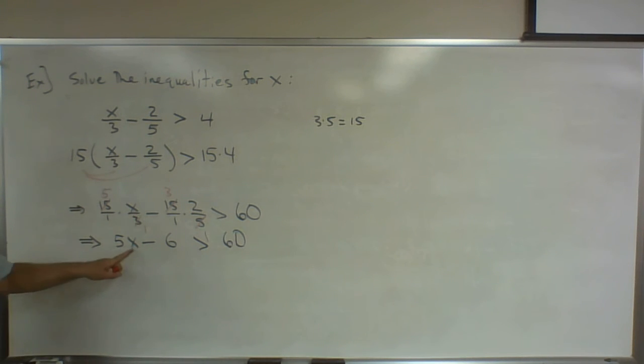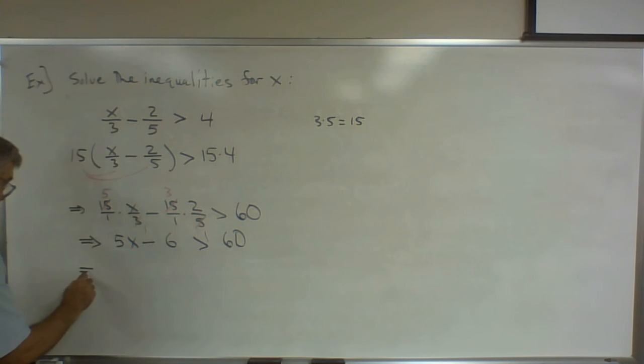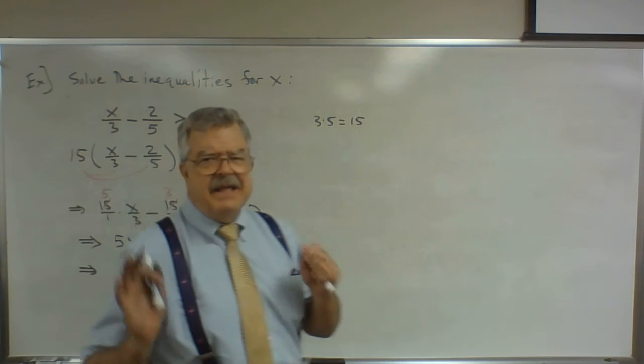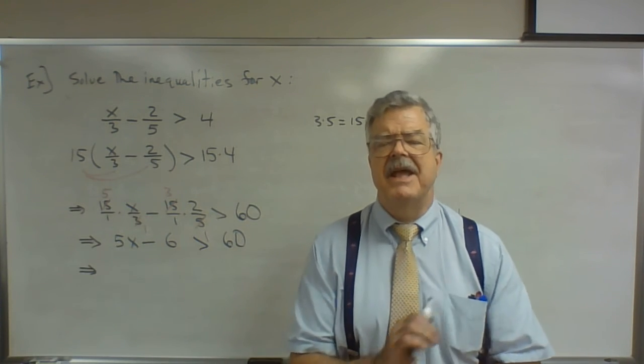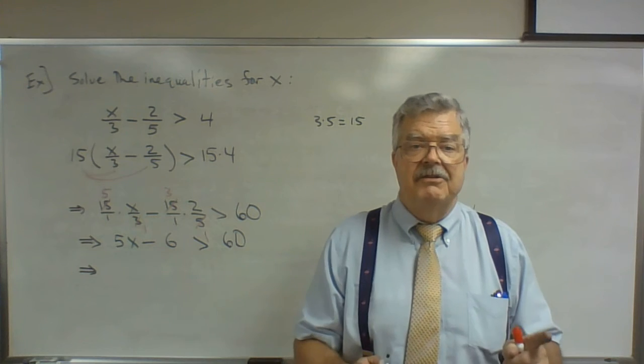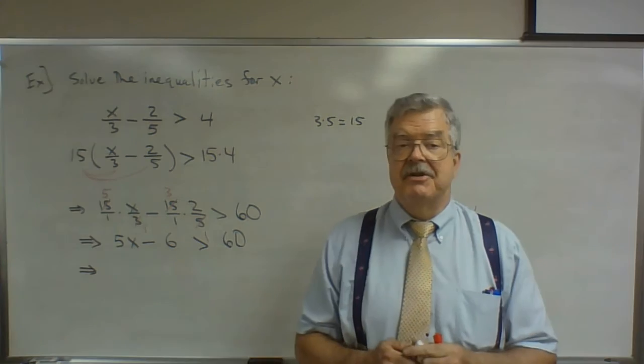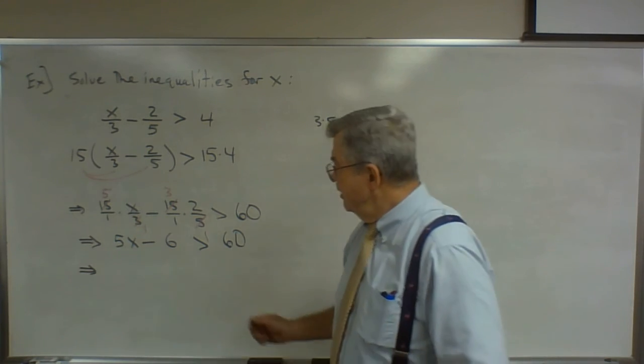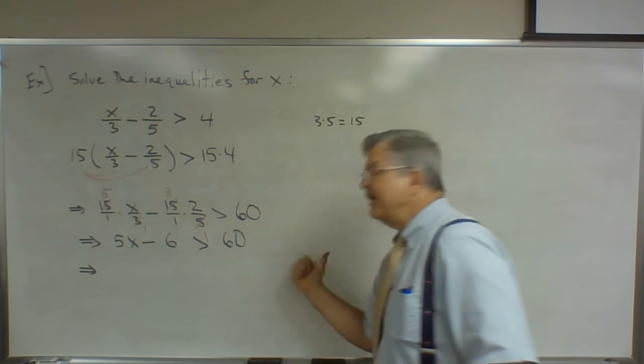And remember, I'm solving for x. I want to get x alone on one side. So the first thing I'll do is add 6 to both sides. And I can add any number, positive or negative, to both sides of an inequality, and the direction doesn't change. The inequality is pointing in this direction.